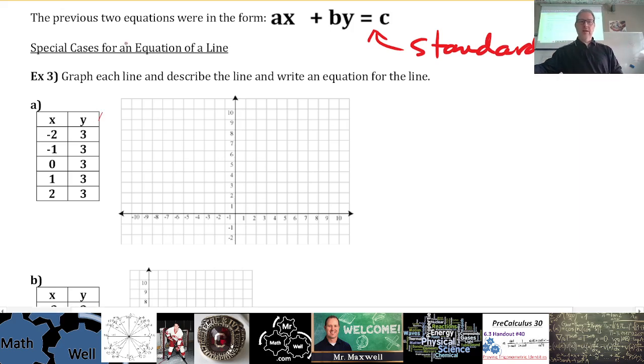This line right here, if I were to quickly plot the points that I see on this table of values, it would look like this. -2, 3. -1, 3. 0, 3. 1, 3, 2, 3. So these points are in a line, and they form a horizontal line. So this is a horizontal line.